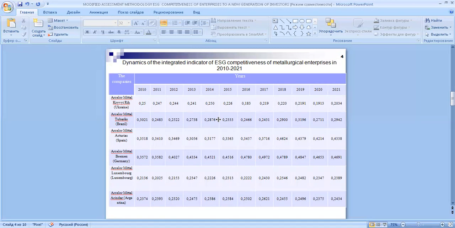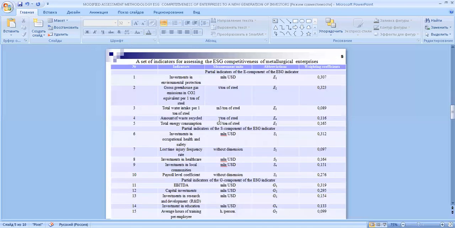To model the level of ESG competitiveness of metallurgical enterprises, a set of indicators sufficient for calculation was selected. The table you can see on the slide number 5, and within the framework of the proposed simulation model of the limits of optimality and ESG competitiveness of enterprises, you can see on the figure number 6.